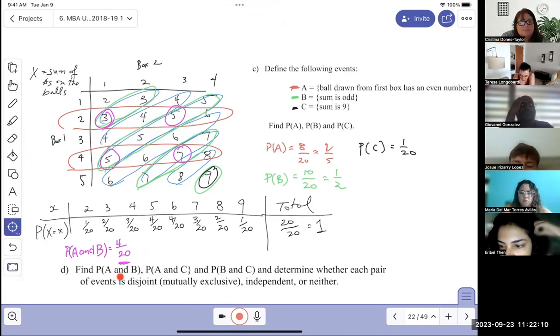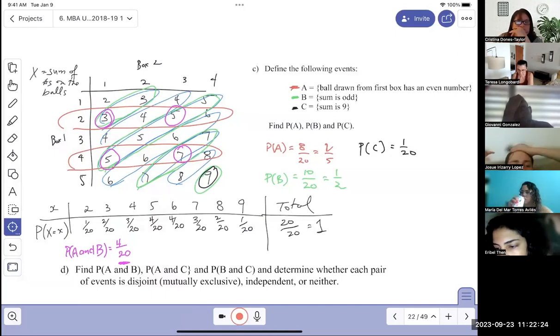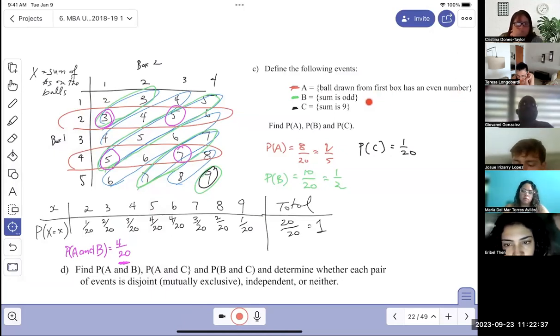Okay, where A and B overlap, A is the red and B is green. So A crosses with B here, and A crosses with green here. So in other words, everywhere that the ball of the first box is even and the sum is odd. Both of those at the same time.